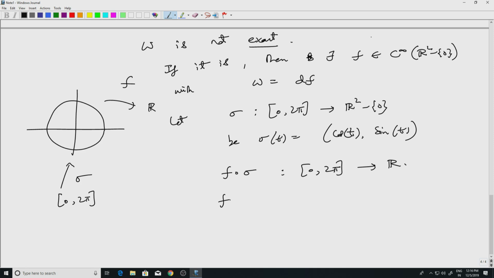One is f composed with sigma 0. Sigma 0 is f of 1, 0. And f composed with sigma 2 pi is the same thing, f of 1, 0.